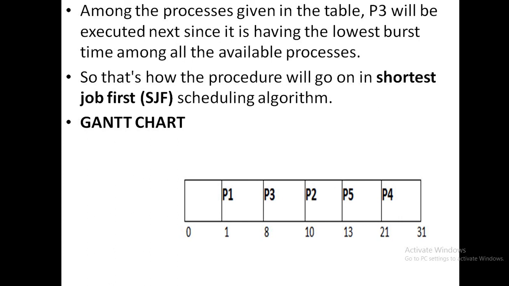Again, the completion time of P1 is 8, P2 is 13, P3 is 10, P4 is 31, and P5 is 21, each being the right side digit of the process in the Gantt chart.